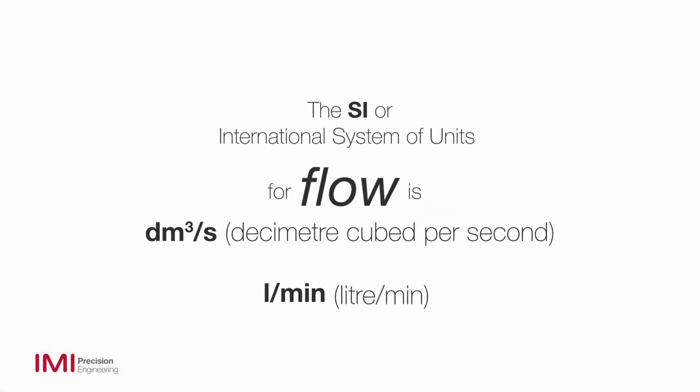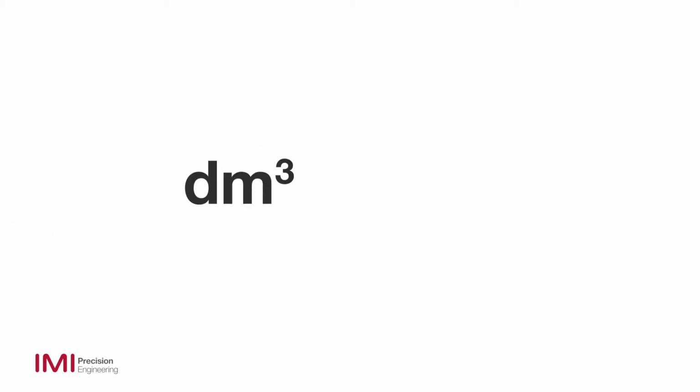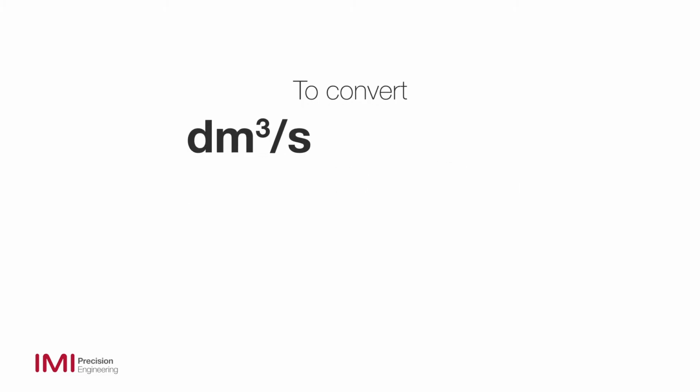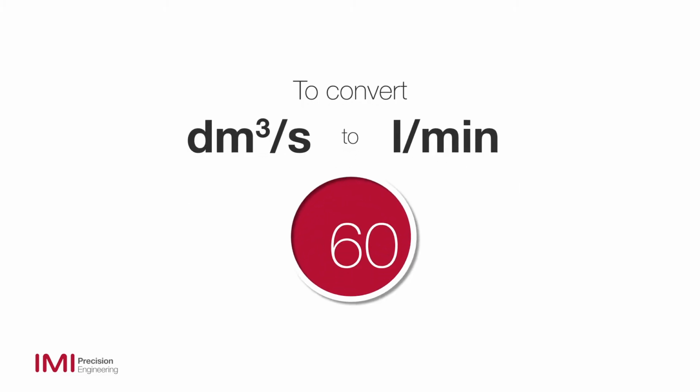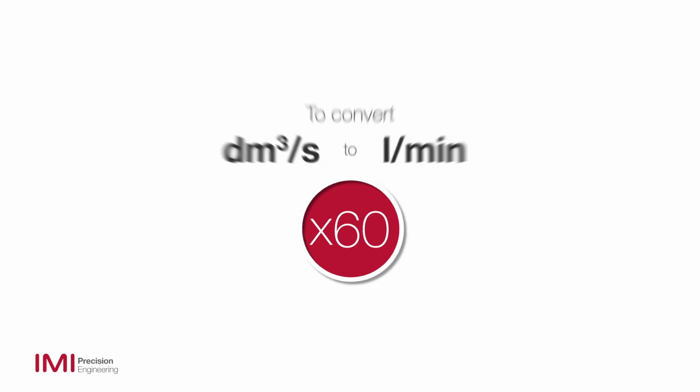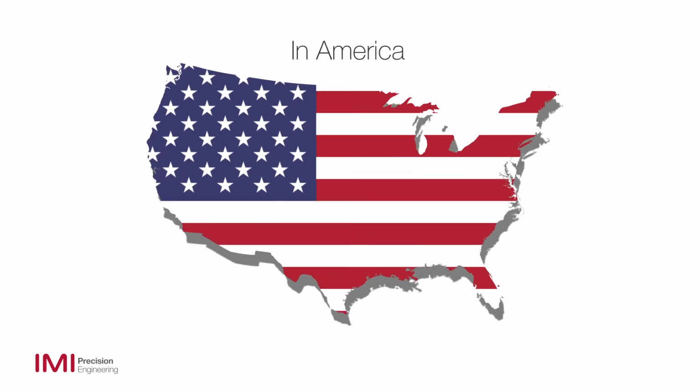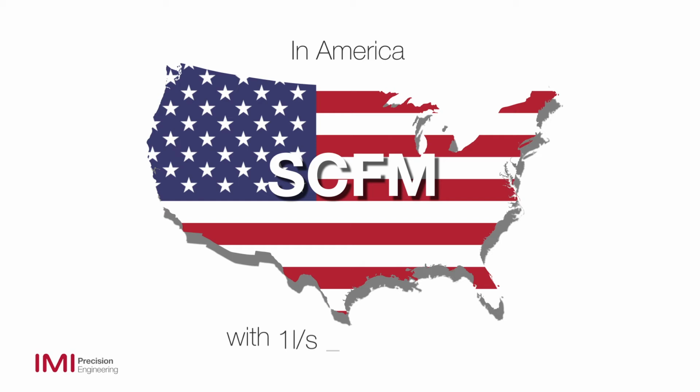However, we often see other units, typically liters per minute. It's useful to know that a decimeter cubed is equal to a liter. To convert decimeter cubed per second to liters per minute, we just multiply by 60. In America, we use SCFM, standard cubic feet per minute, with 1 liter per second equals 2.12 SCFM.